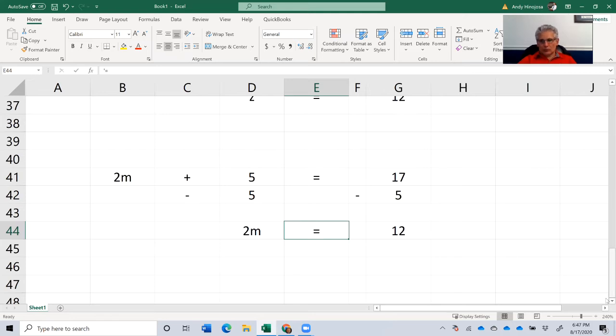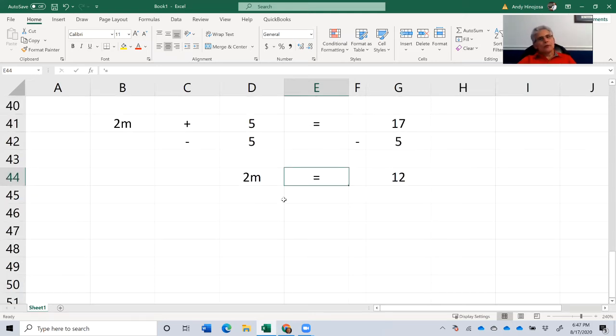2m equals 12. And now, to isolate the m, we divide both sides by the 2. So we'll put a division sign here, we'll put a 2 here.